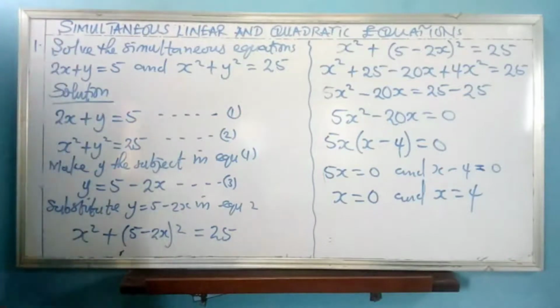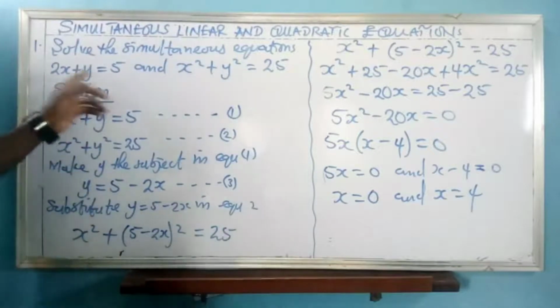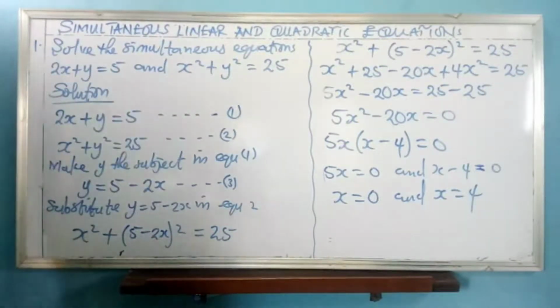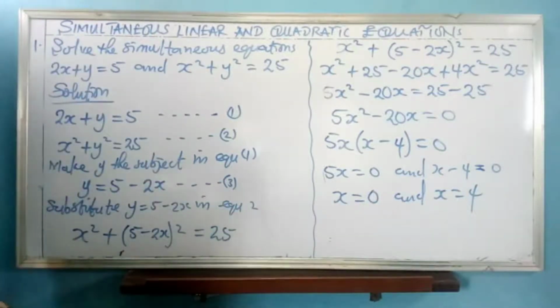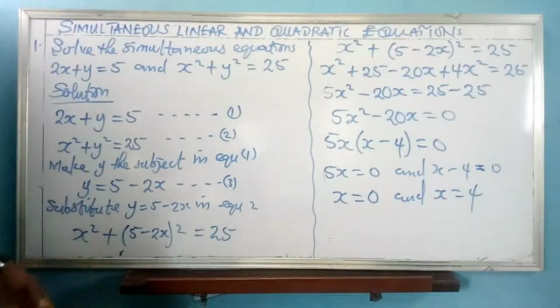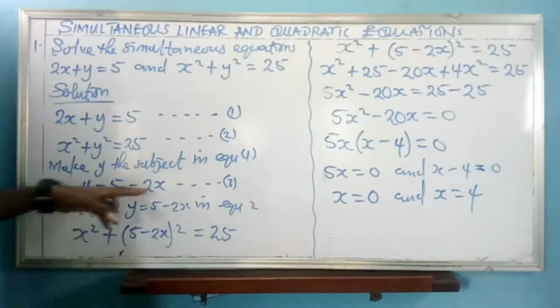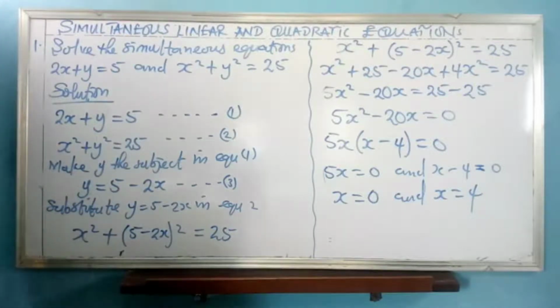But that's not the only answer. Don't forget, this is just the x. The question asks us to find x and y. So you have to go and find the value for y. And how do you do that? You substitute. Okay? You have to go and substitute the value of x, so you can derive what the y is. So we can use this equation 3, just substitute for x in there, then we get what the value of y is.